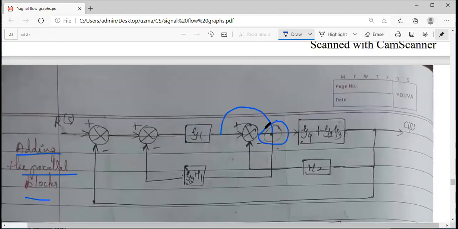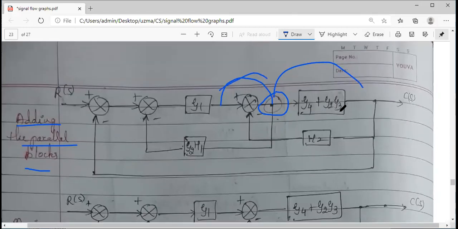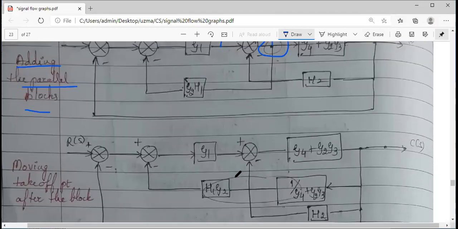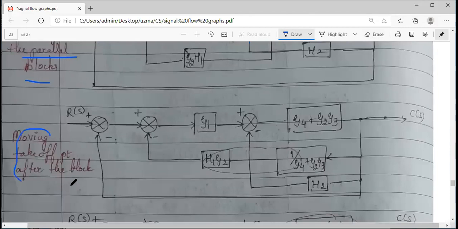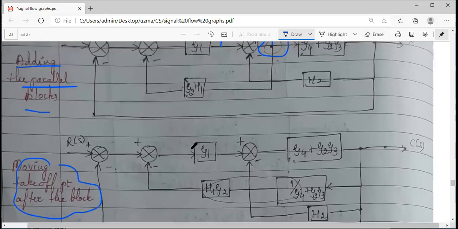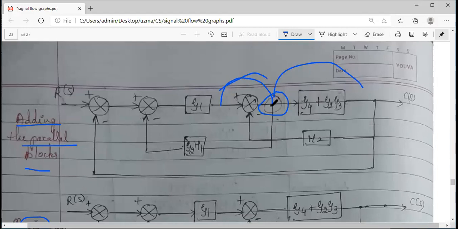So you can take it before the block or after the block, no issues. I have shifted it here to after the block, I guess. Moving the takeoff point after the block. So what the rule says, whenever I'm moving the takeoff point, either before or after, you can try with before also.